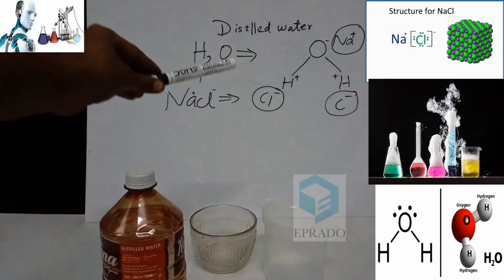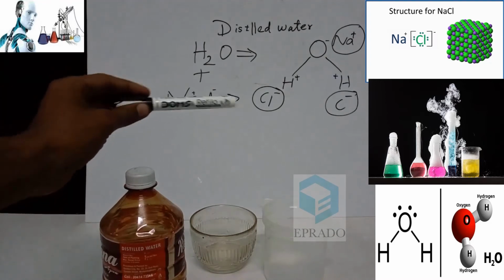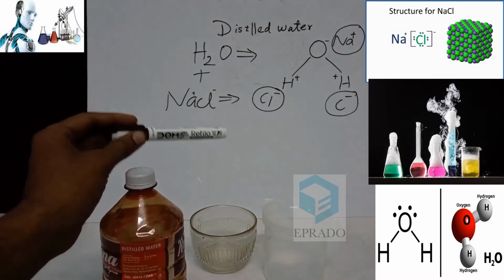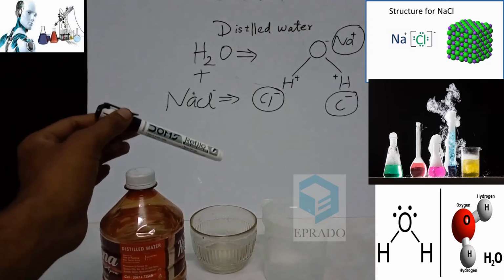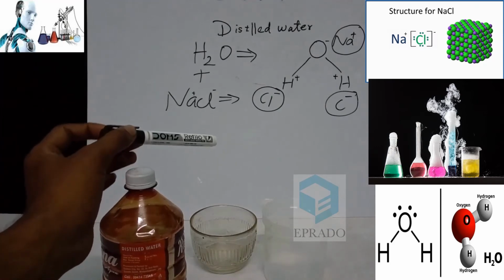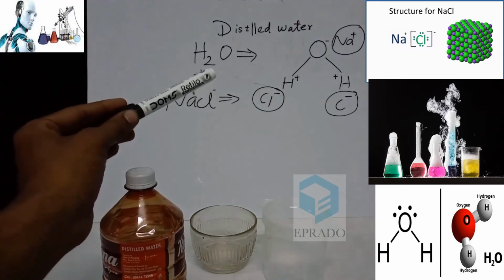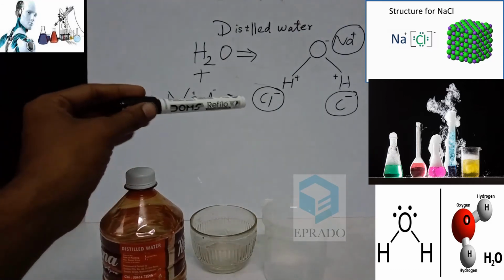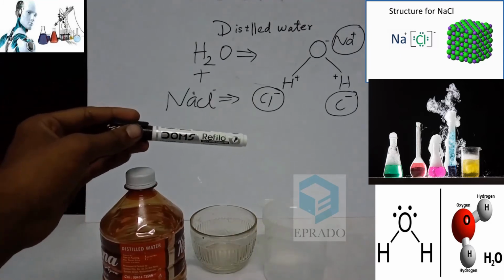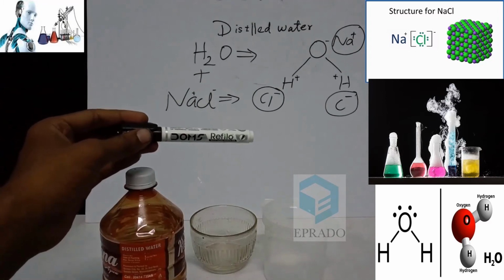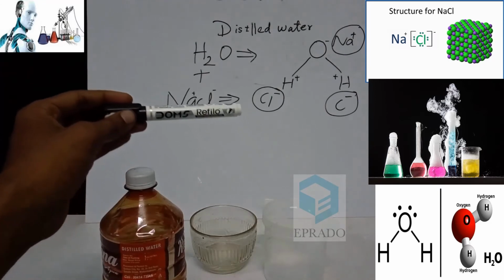Let us check it. At first we added some water and some salt, and the salt completely dissolved in water. But later when we reduced the amount of water, the amount of water molecules, that is H2O, inside the bowl was reduced and we added a further amount of sodium chloride, and hence the amount of sodium chloride is more inside the bowl.